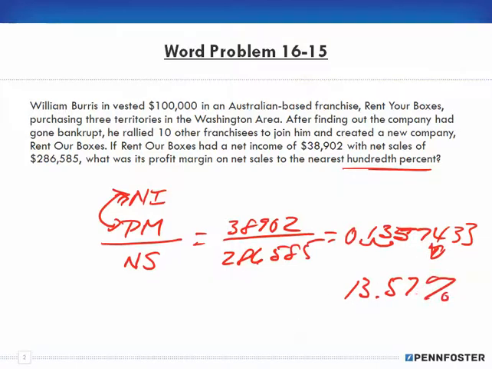So the profit margin is 13.57%. Relatively easy. It's just a matter of understanding what the question is asking. In this case, profit margin on net sales. Those 5 words are the key to this entire problem, and everything else just falls into place.